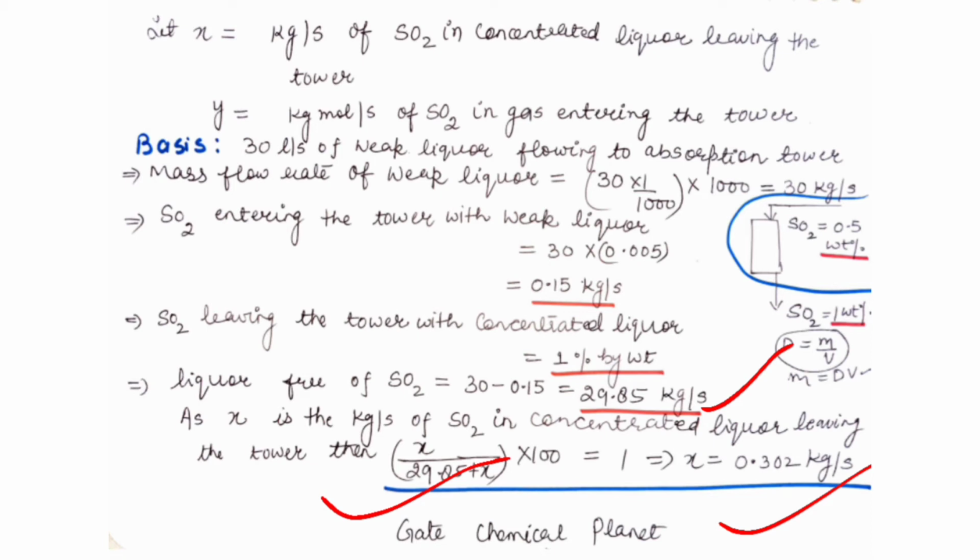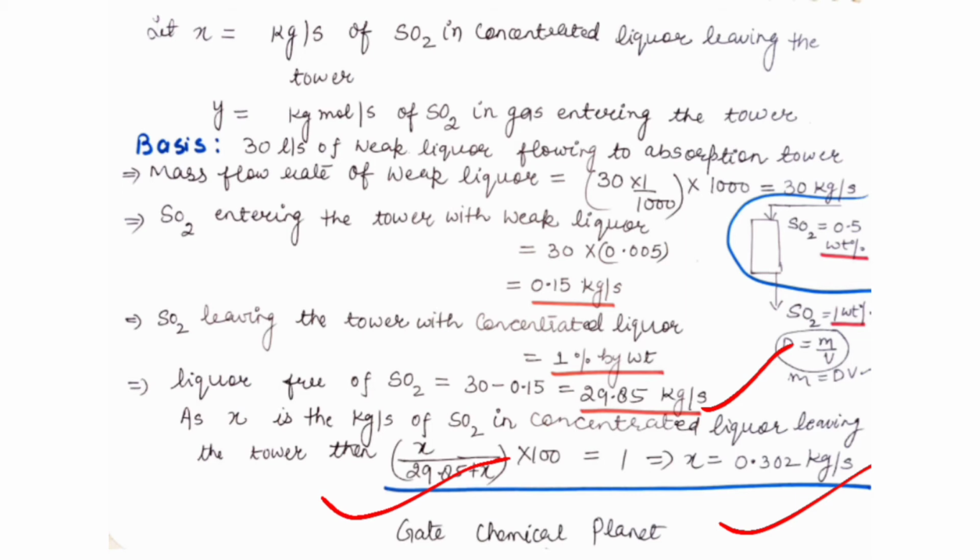Up to this I think it is clear to all the students. It is very simple. I have drawn the diagram again here to simplify the calculations for SO2. We calculate the liquor free of SO2, and then we calculate the X value in kilograms per second.